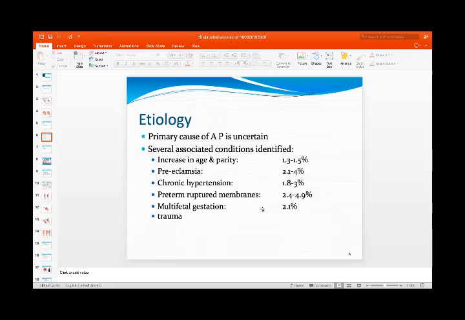If there is preterm premature rupture of membranes, or multiple gestation, or any kind of trauma, suppose a pregnant lady is hit on the abdomen, or she falls from a motorbike, or has a road traffic accident, all these traumas can lead to separation of placenta from the uterine wall.